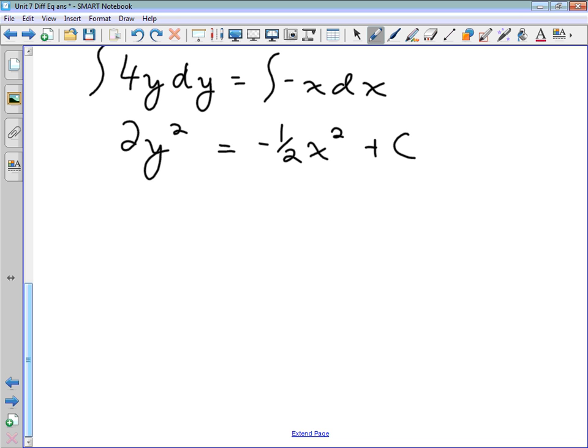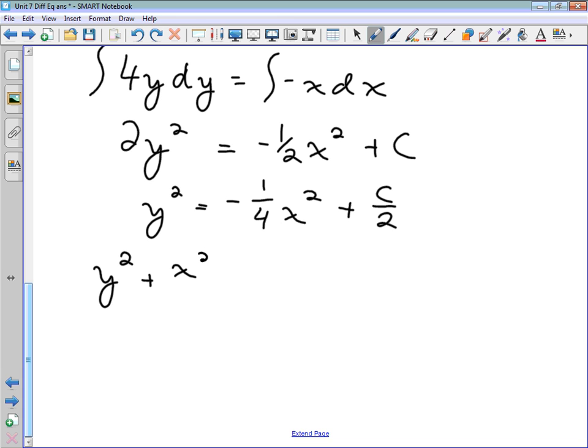Let's start by dividing everything by 2 to get y squared equals negative 1/4 x squared plus our constant divided by 2. Then I'm going to bring the x terms over, and I get y squared plus x squared divided by 4 equals, and I'll take this constant divided by 2 and just say it's equal to another constant.